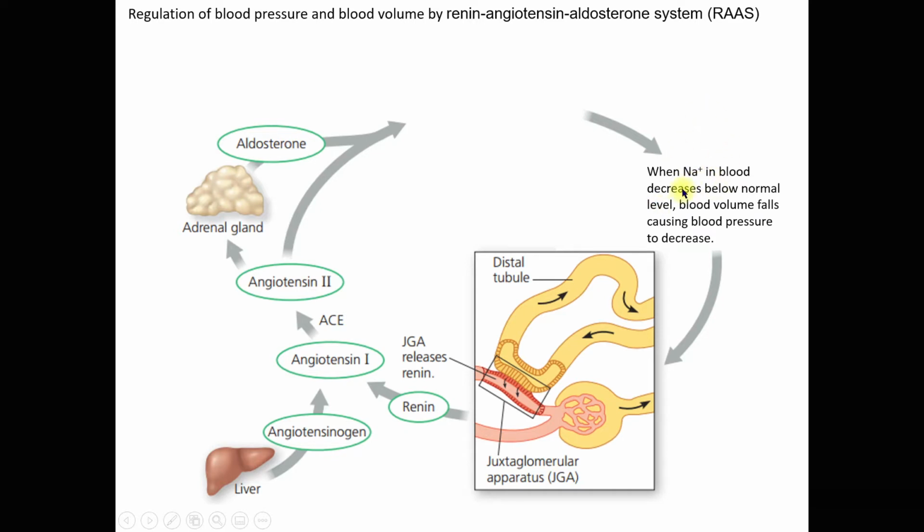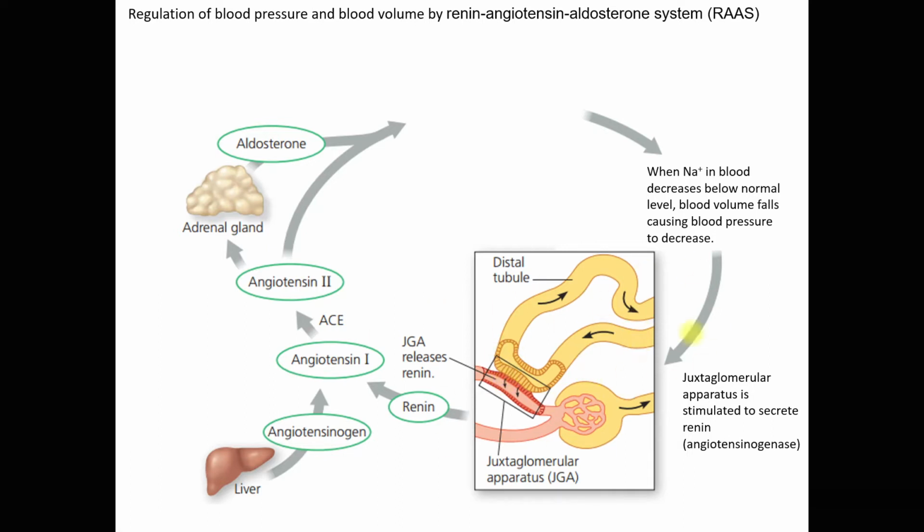When that happens, the blood volume will fall, and the fall of the blood volume will cause the blood pressure to decrease. Now what happens after this is the juxtaglomerular apparatus, which you know is in the walls of the afferent arteriole, is stimulated to secrete renin.